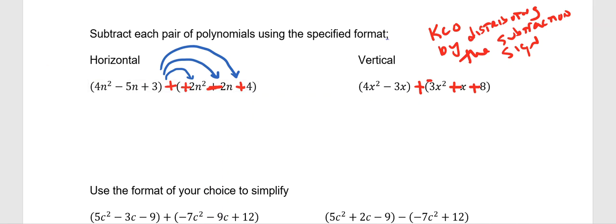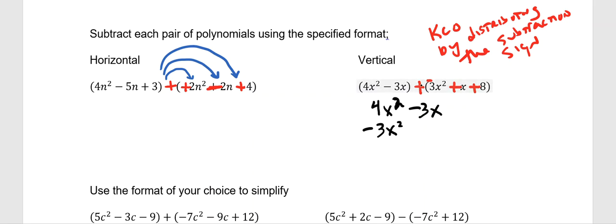So let's get this one lined up in our vertical form. We'll have 4x squared minus 3x. And I'm going to treat this as addition now. So I'm going to say negative 3x squared, because again, I switched from minus a positive to keep change opposite to plus and negative, so negative 3x squared.